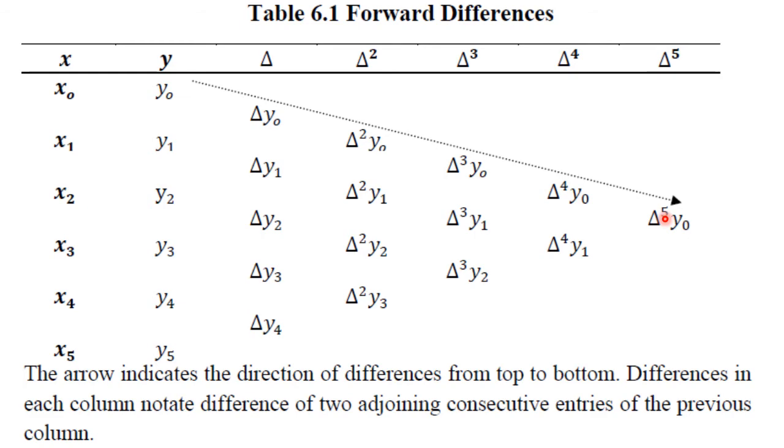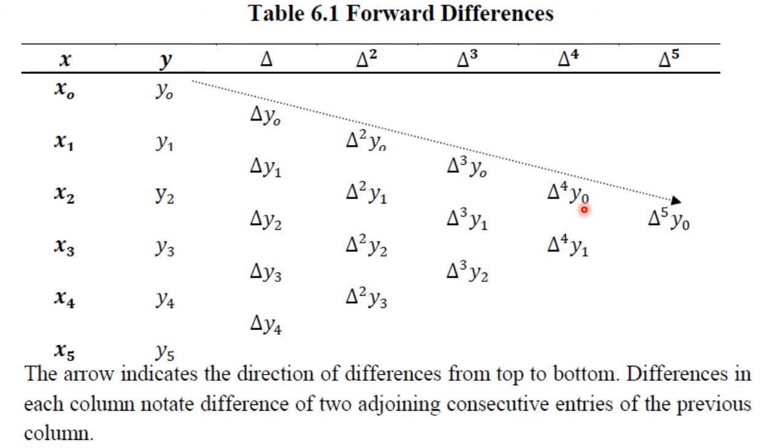So you see, this point is the same, and the values are considered in this way. This arrow basically indicates the direction of the differences from top to bottom. In this way, students, you calculate the forward difference operator.